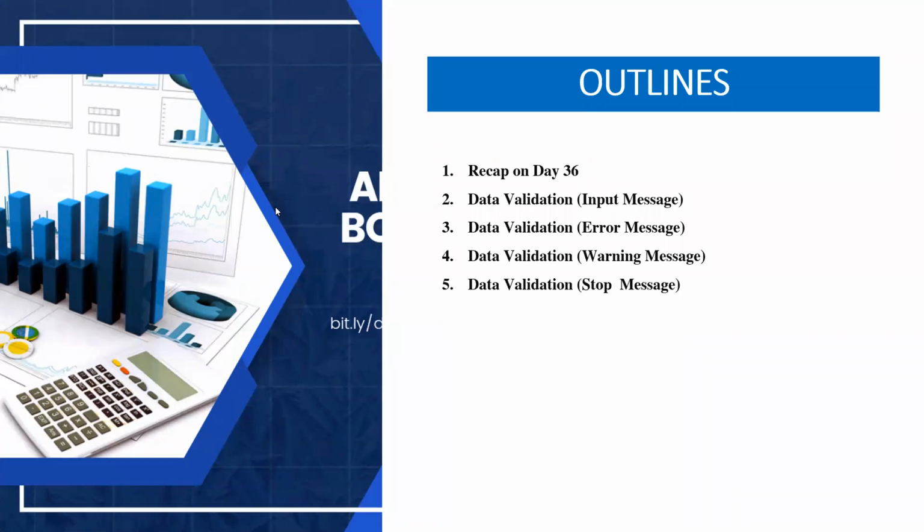Then we have the warning message. The warning message pops up to a user whenever you did something that is not required in a particular cell. That message will warn the user, telling him that, okay, look, you don't need to put this, but if you want to continue, you can continue. Or if you want to cancel, you can cancel. The stop message is like telling a user that, okay, you don't need to put this particular thing, you need to do something else.